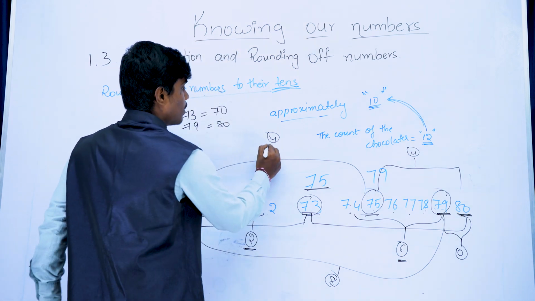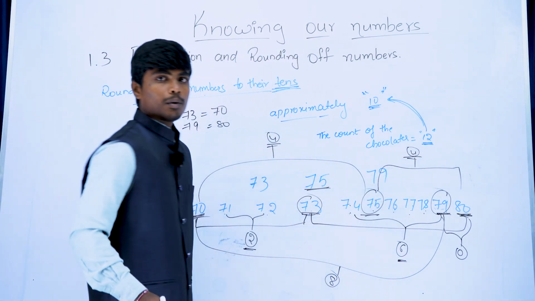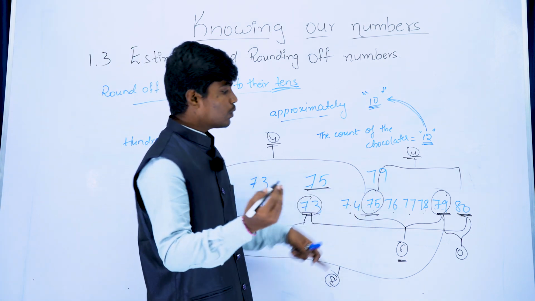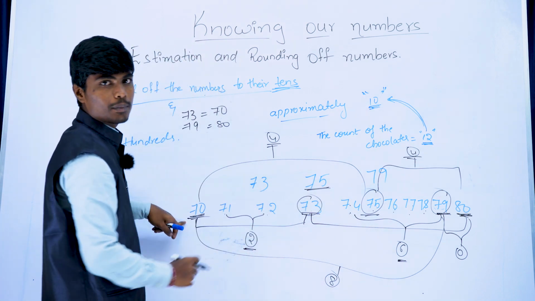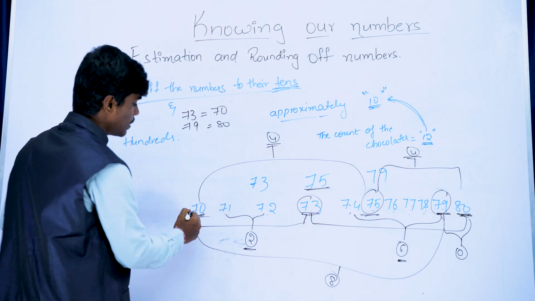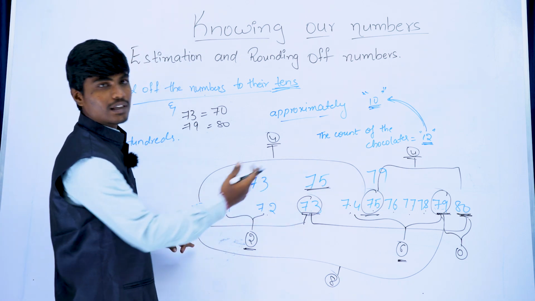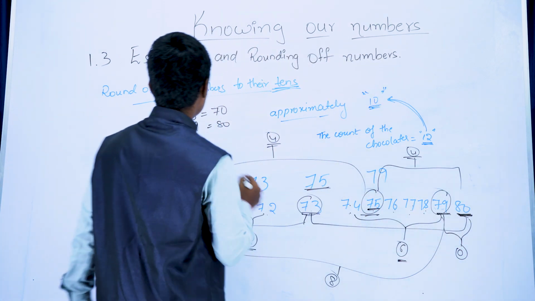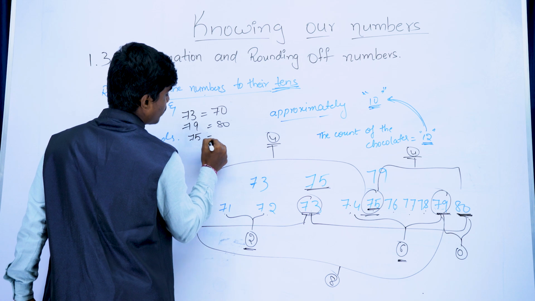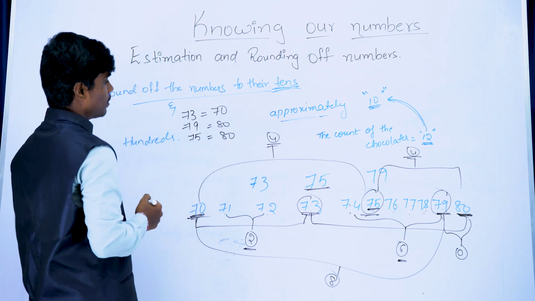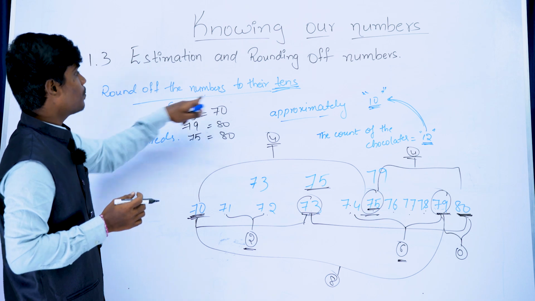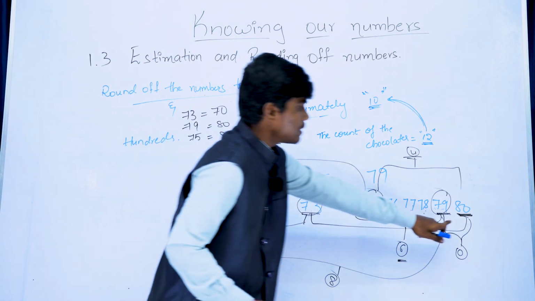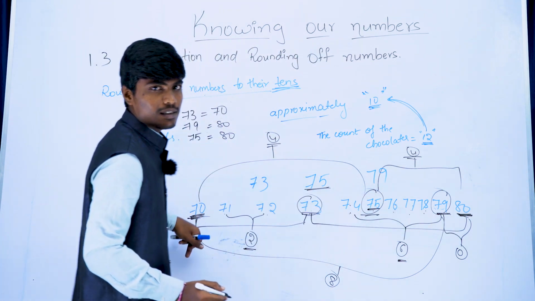So the distance is the same, but commonly 75 is rounded to the highest value. Between 70 and 80, the highest value is 80. So 75 is rounded to 80. So rounding to the nearest tens means we have to check the distances to the nearest tens, and then round off.